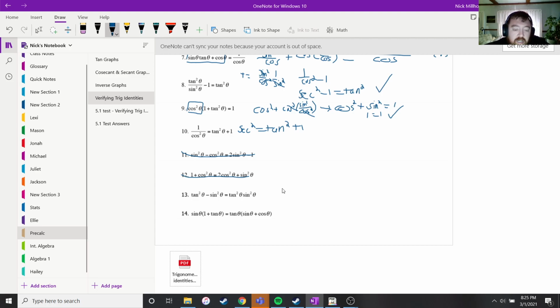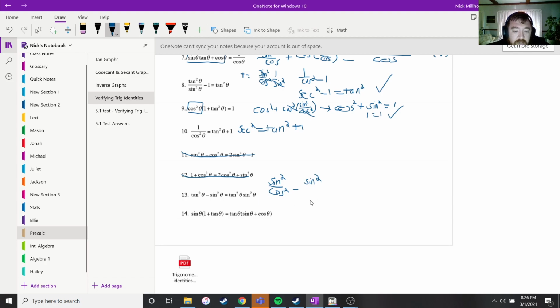So tan squared, you are going to have sine squared over cosine squared, minus sine squared.